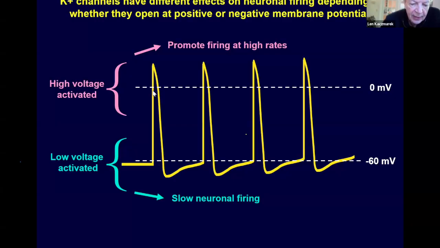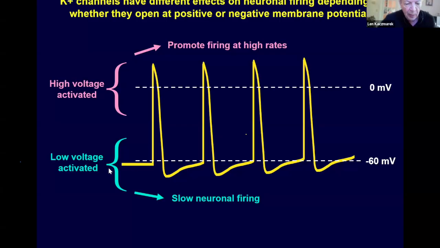What that does is it prevents the sodium channels from inactivating, makes the action potential briefer, and allows the neuron to fire at much higher rates than it would if it hadn't returned the membrane potential that quickly. So all neurons, like interneurons and other neurons in the brain that are capable of firing at really high rates, have selectively potassium channels in them that only open at these very positive potentials that are only encountered during the peak of an action potential.